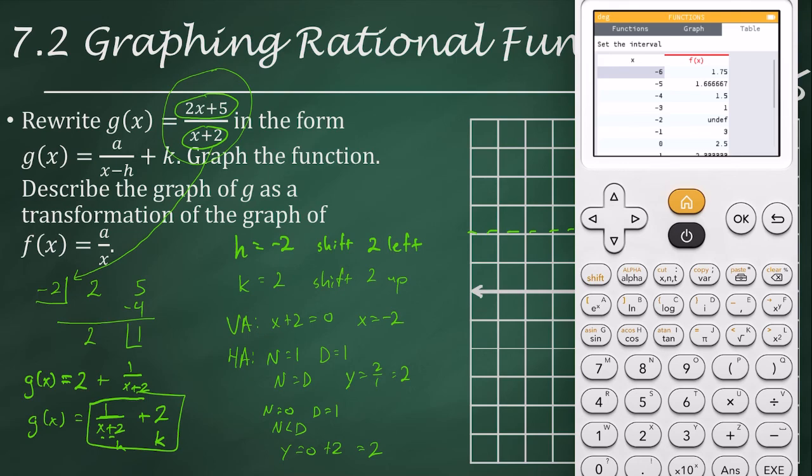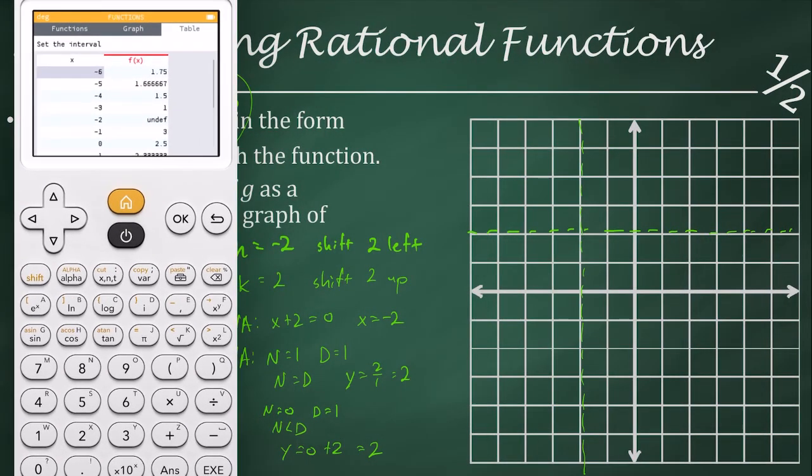And there's my table. So -6 is 1 3/4. -5 is 1 2/3. -4 is 1 1/2. -3 is 1. -2 is undefined because that's a vertical asymptote. -1 is 3. 0 is 2.5. 1 is 2 1/3. 2 is 2 1/4.